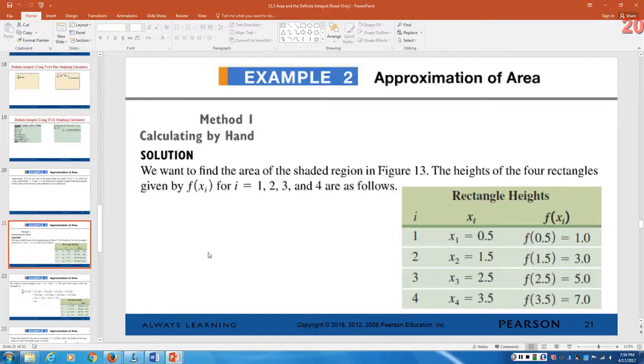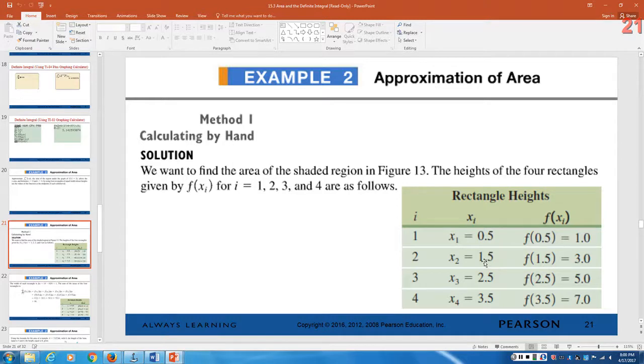Now, this is the hard way. All you have to do is copy, because I didn't ask you to do the arithmetic. Okay? This is the hard way. What you would have to do is, since you're going from 0 to 4 and you're going to cut it up into 4 rectangles, so that's 4 divided by 4, your first interval is going to be at 1/2. You're going to actually have to go to the midpoint of each of those. So the first midpoint's going to be at 0.5.